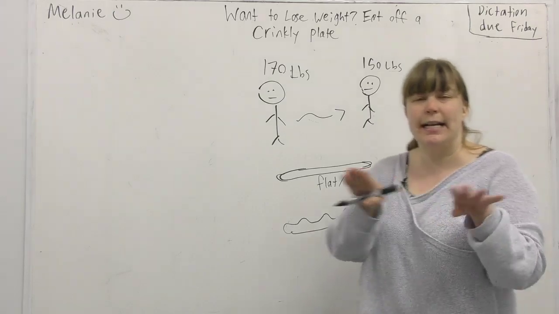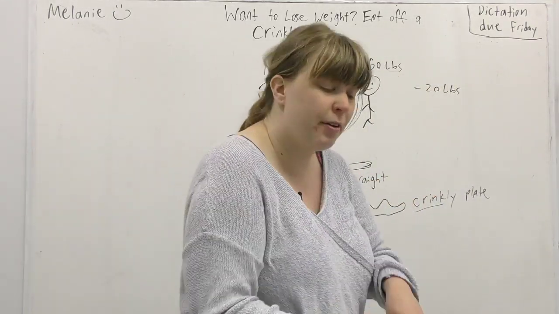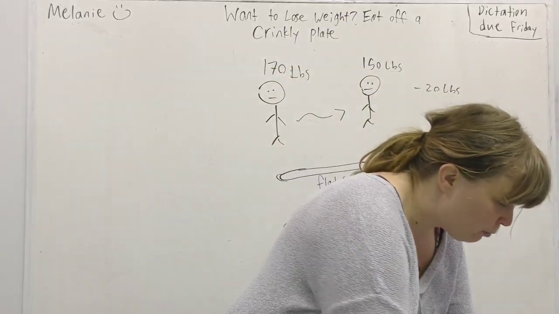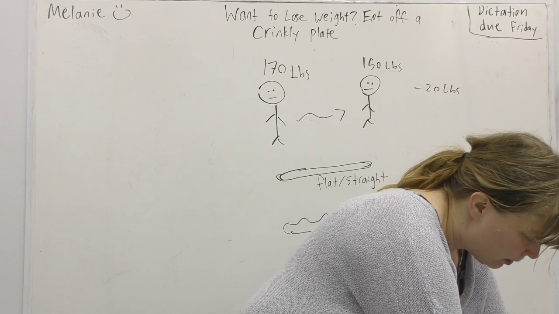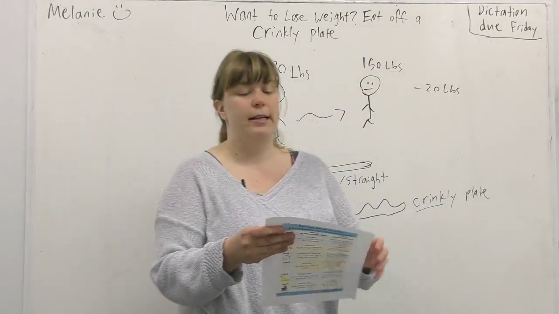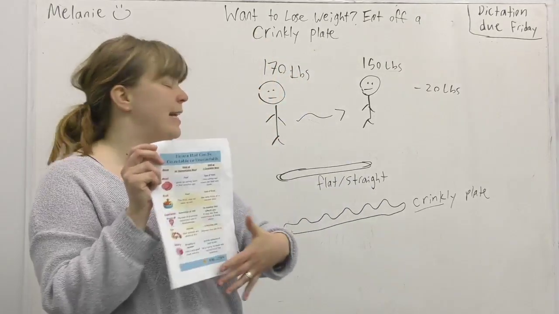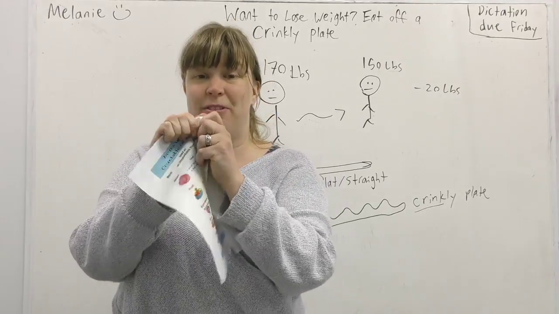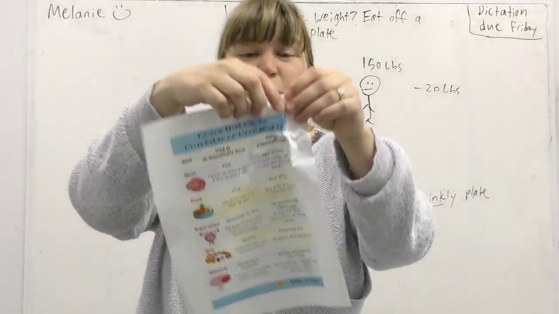Crinkly. So basically it's not flat, it's not straight. I'll give you another sort of idea of what it could look like. Let me just find some paper that we don't need anymore. So let's say, for example, this is like a flat, nice, clean piece of paper. Now if I do this, you'll notice now it's all crinkly.